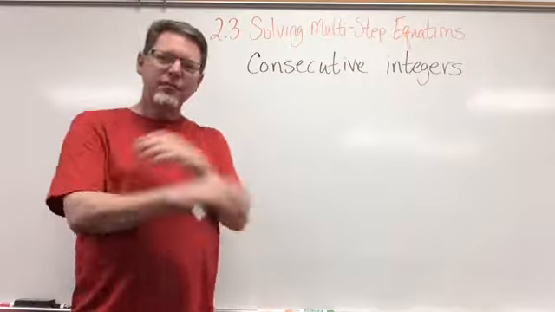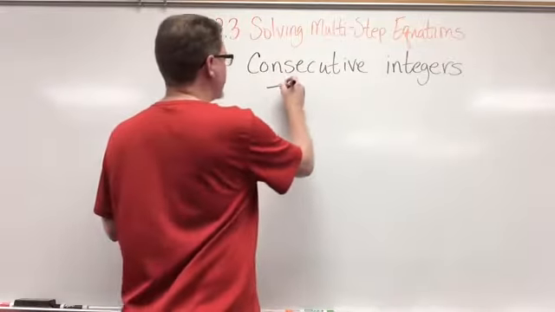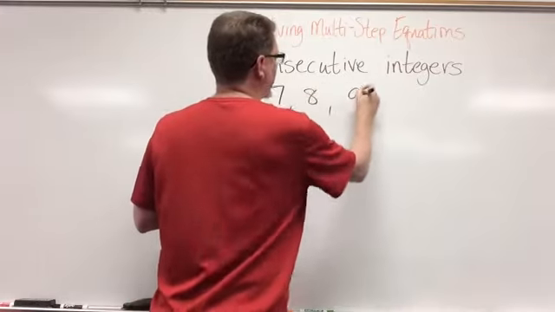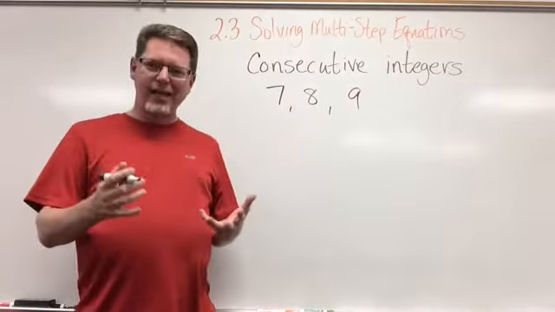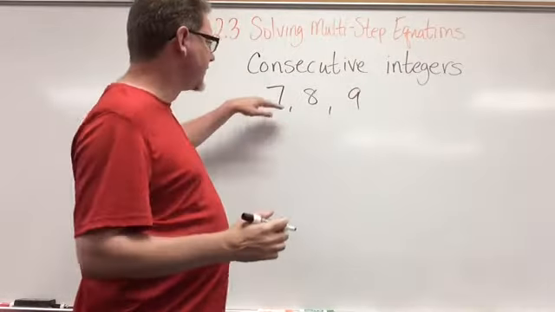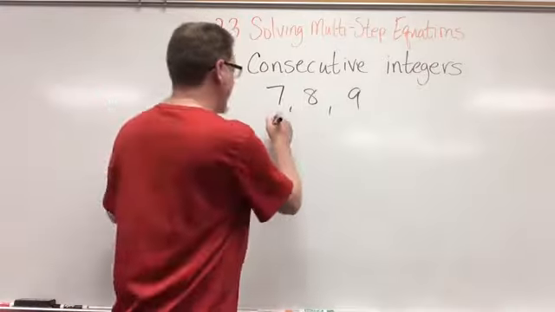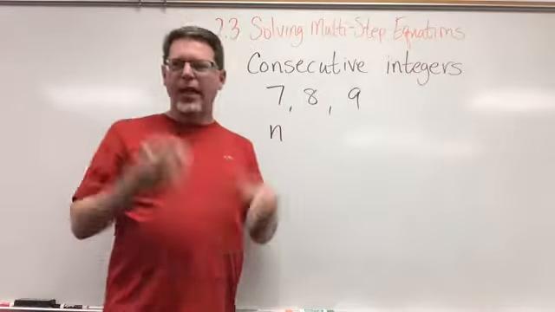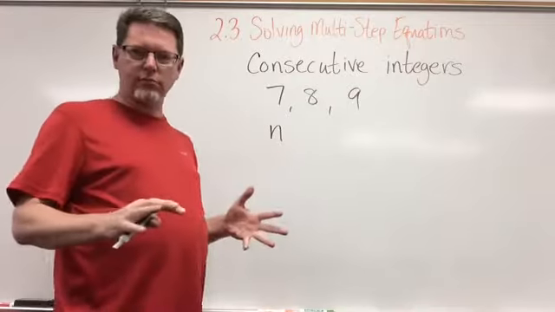Okay? So let's kind of talk about that. Let's pick an easy one like 7, 8, and 9. Now, let's say that instead of 7, I'm going to call this first integer n. N for any number. So n is my first integer.